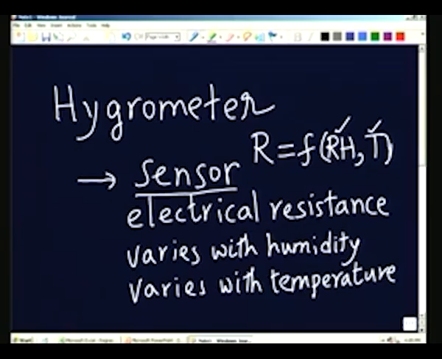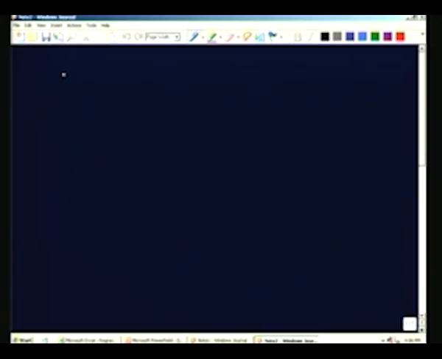So, let us look at how we are going to do this. Of course, we do not know to start with what will be the type of functional relationship. Suppose we now generalize. Instead of taking the hygrometric example, I can take a general example. Suppose I have a quantity z which is a function of x and y.